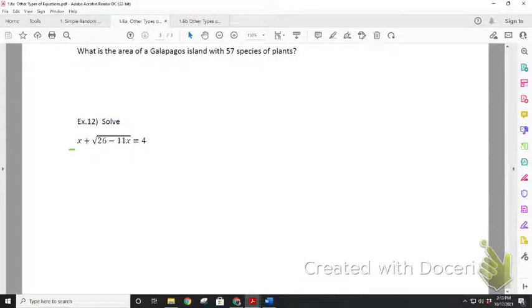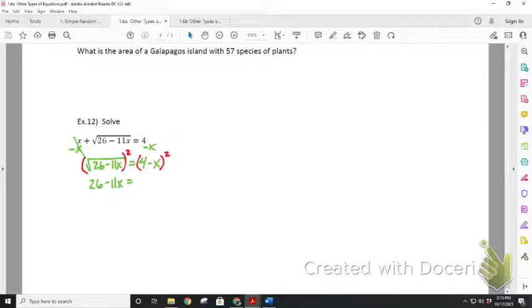All right, I'm going to move the x over. Radical is now isolated. Let's square both sides. And the nice thing on the left is the radical and the 2 cancel out, and I have 26 minus 11x.